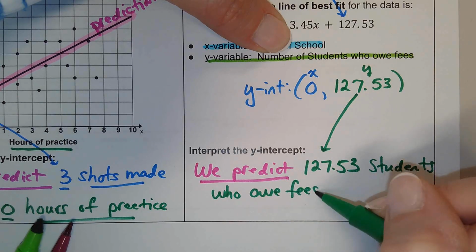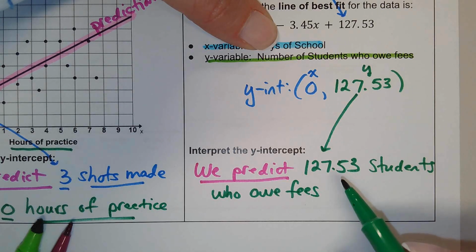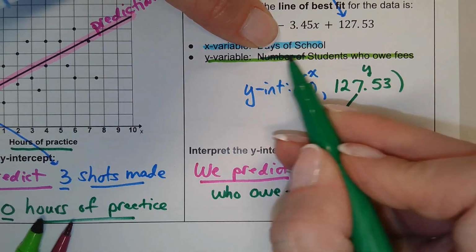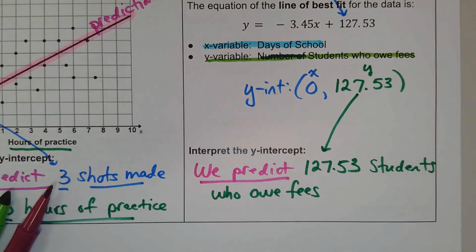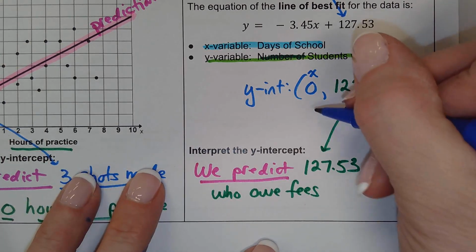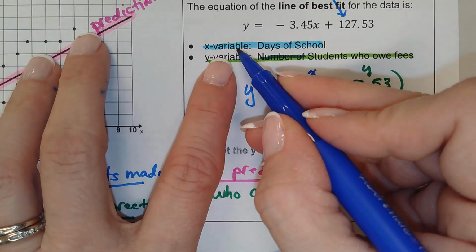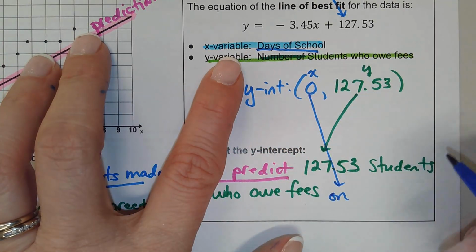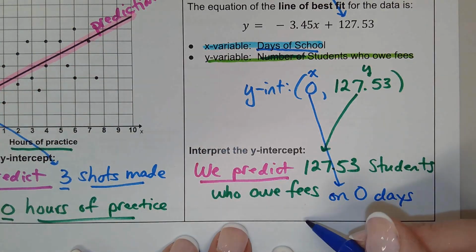You don't have to say "number of," because this is the number of. How many students? The number of students is that. And now I have to make sure I explain the 0. That many students owe fees on 0 days of school.